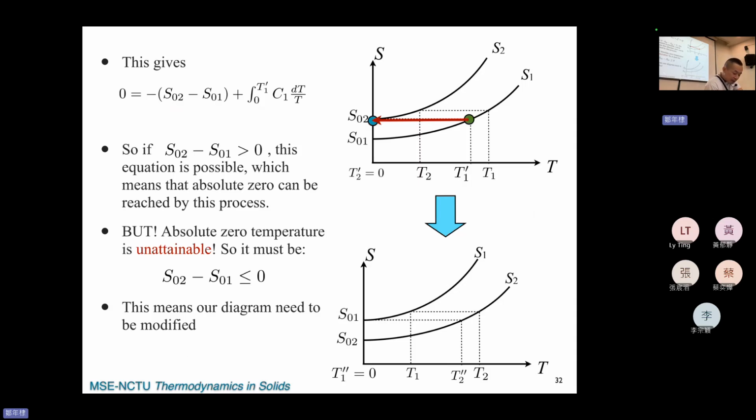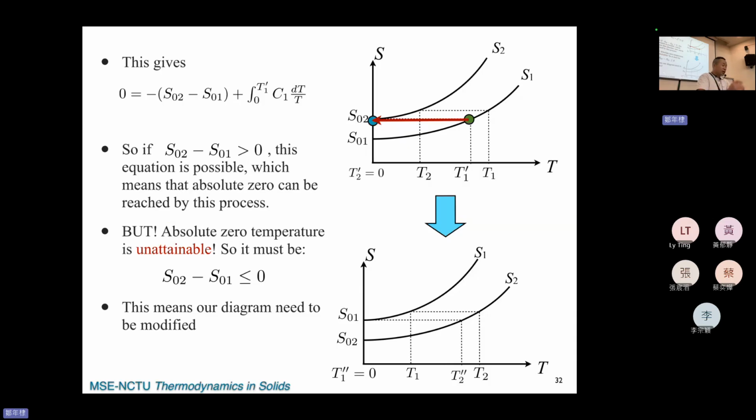Okay? And you can see this one is actually SO2 minus SO1 equal to this, which means that SO2 minus SO1 is greater than 0. So this is possible, and it also means that absolute zero can be reached by this process.